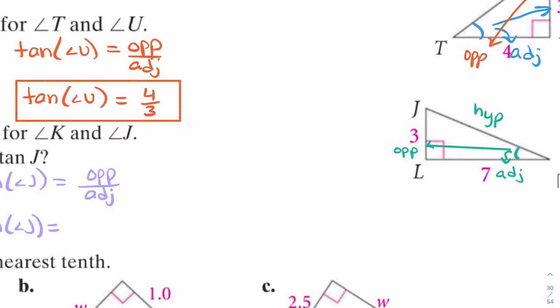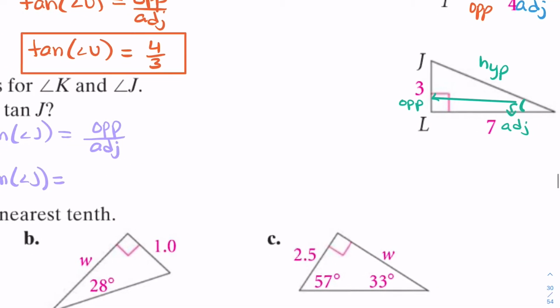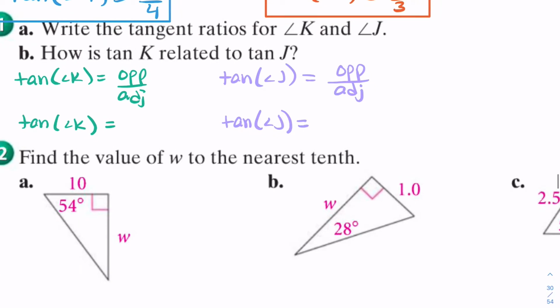So it's going to be 3/7, opposite over adjacent.